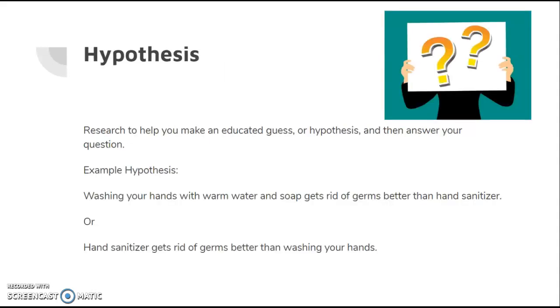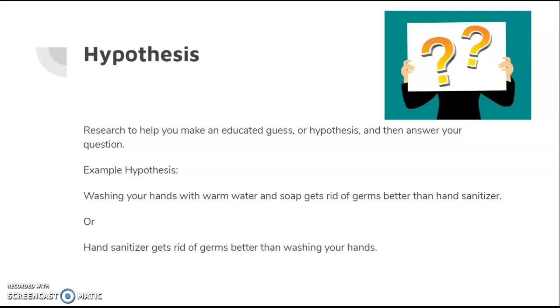All right, so the hypothesis is making a guess. It's saying what we think might happen, and then we answer a question. So our question is, what is the best way of getting germs off of our hands? Well, let's think of ways that we can get germs off of our hands. You can wash your hands, right? You can use hand sanitizer.